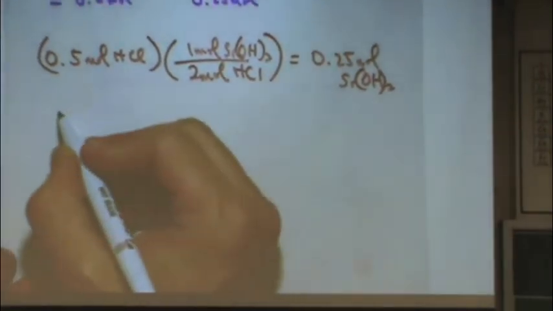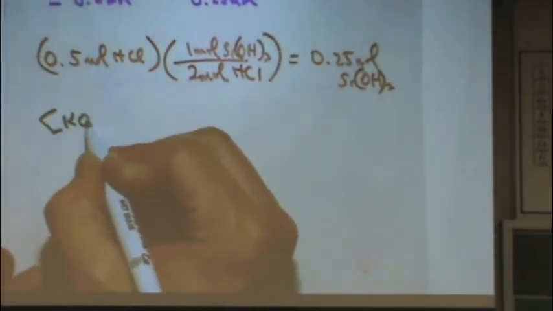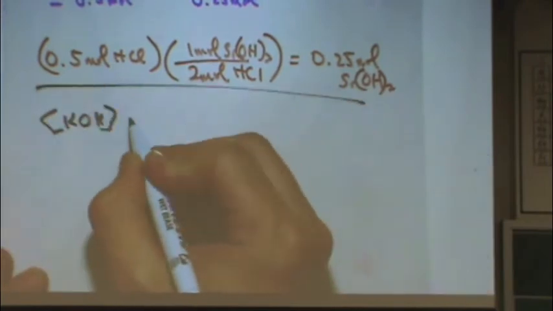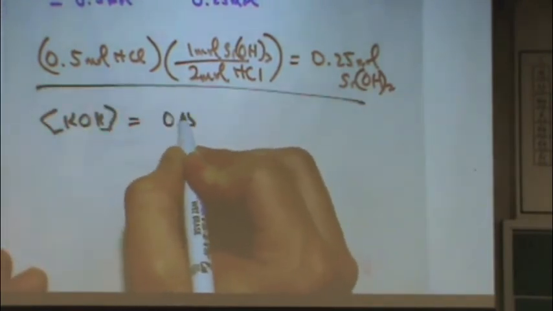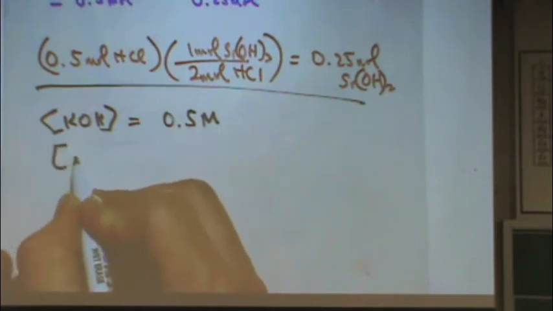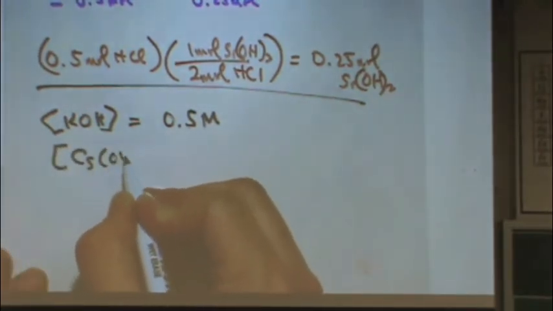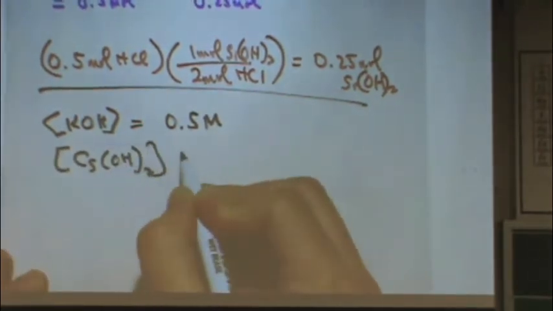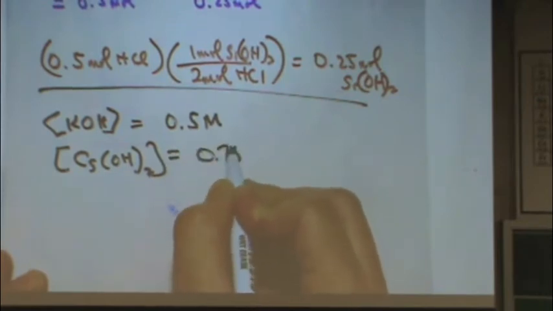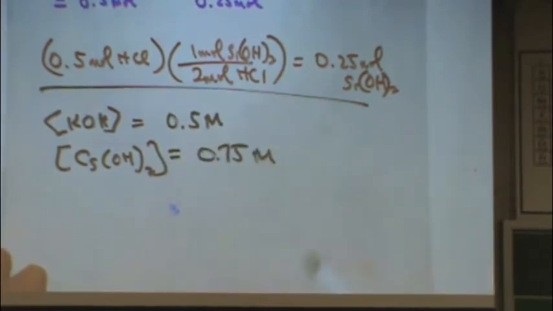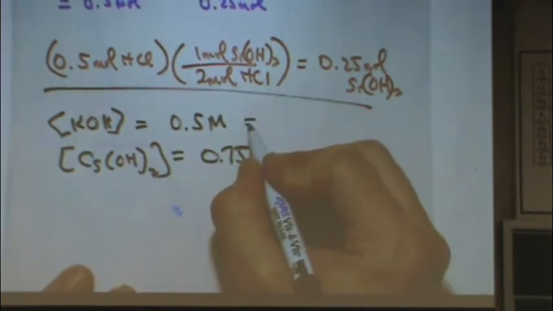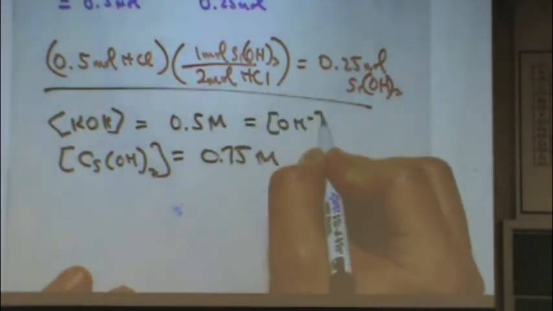Okay, KOH concentration equals 0.5 molar. And then there's the cesium hydroxide concentration equals 0.75 molar. Okay, these are both strong bases. That means this is going to equal its hydroxide concentration.